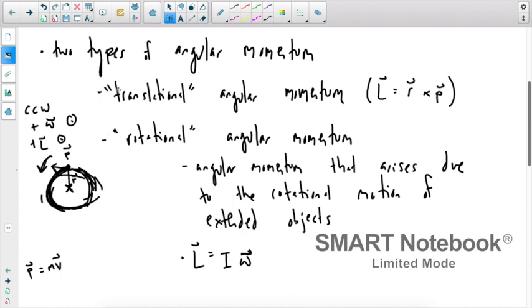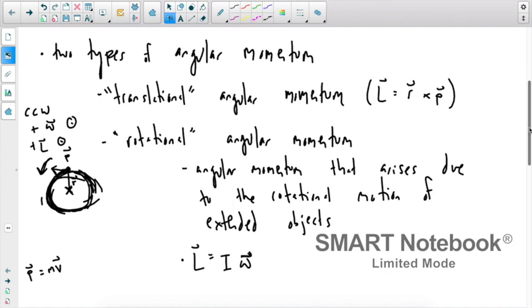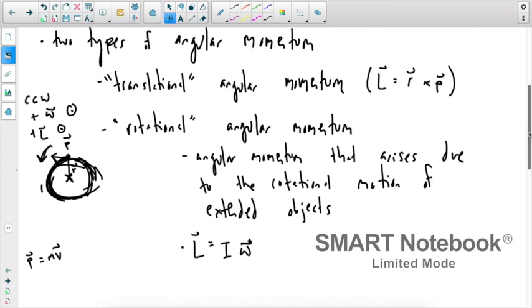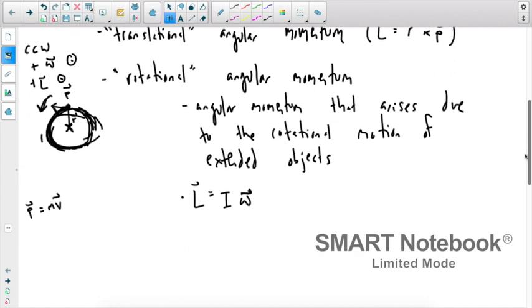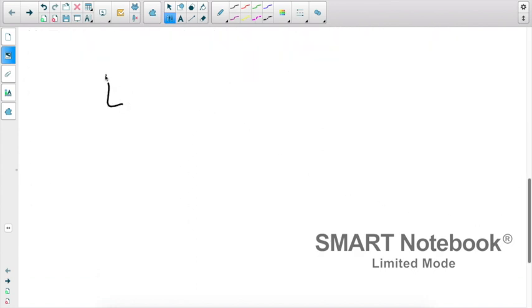To help you understand these two different types of angular momentum, we can talk about the planet Earth really simply. The planet Earth has both types of angular momentum at the same time. So we could say that the total angular momentum of the Earth as it moves around the sun is going to be equal to its angular momentum rotationally, because the Earth is rotating about its own axis.